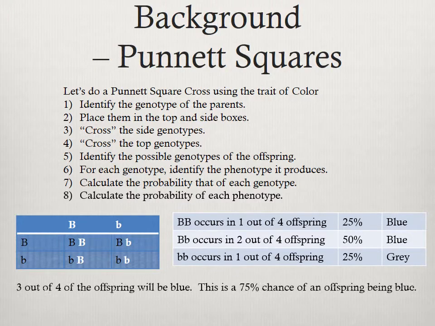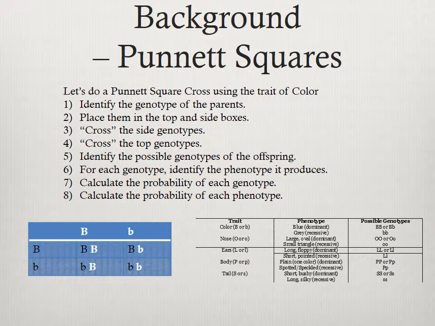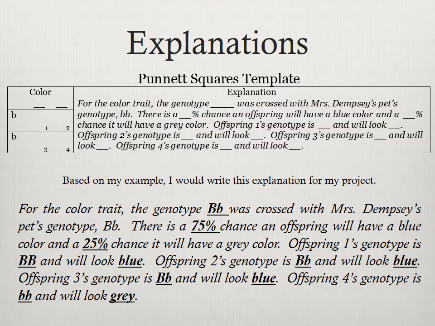So 3 out of the 4 offspring will be blue, because big B, or my blue, is 50% plus 25%. That's a 75% chance my offspring will be blue. Only 1 out of the 4 offspring will be gray. This is a 25% chance of an offspring being gray. Now we've calculated the probability of the phenotype.